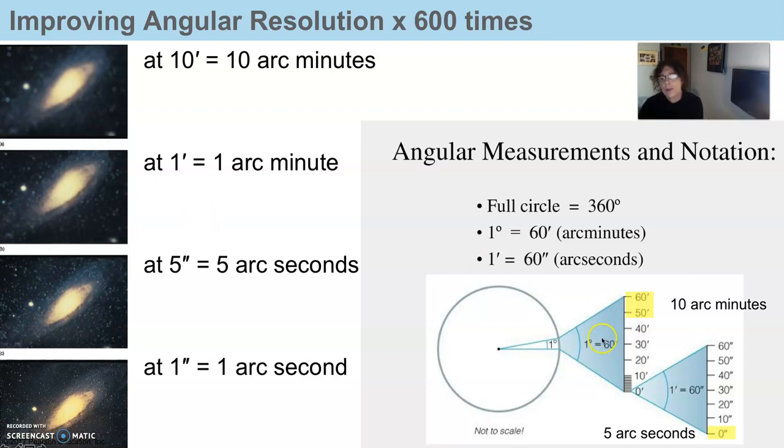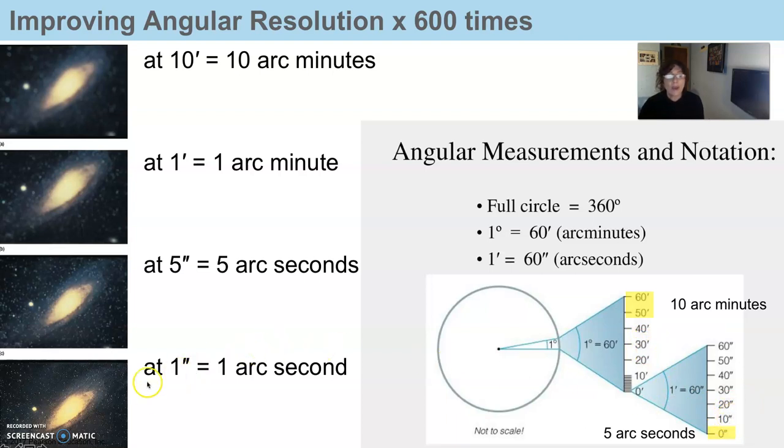And from those 60 minutes within the degree, you can divide out each minute into arc seconds. And so one of them is a single quote. The arc minutes is a single quote. The arc seconds are a double quote.